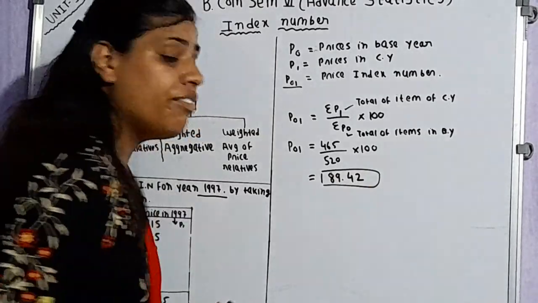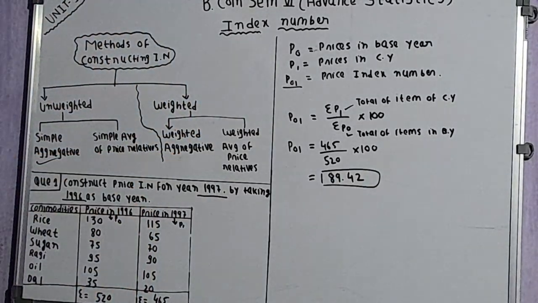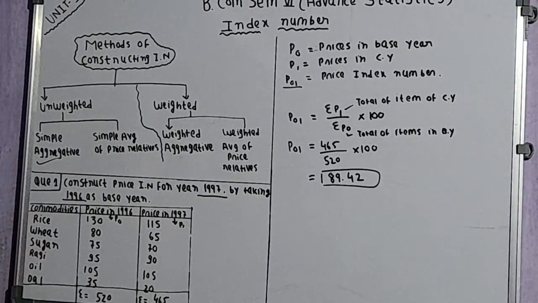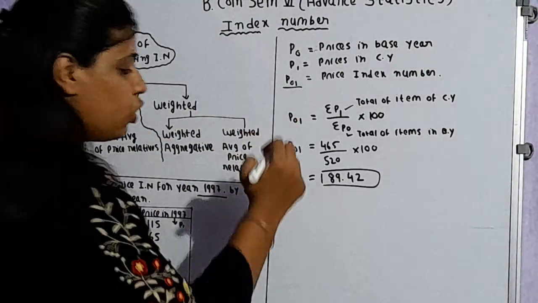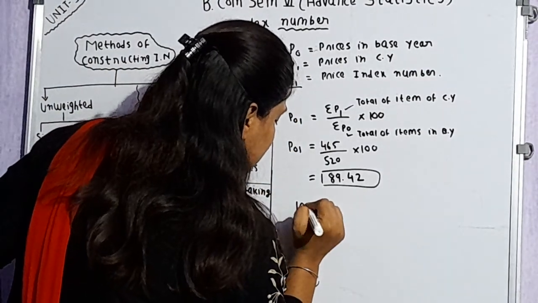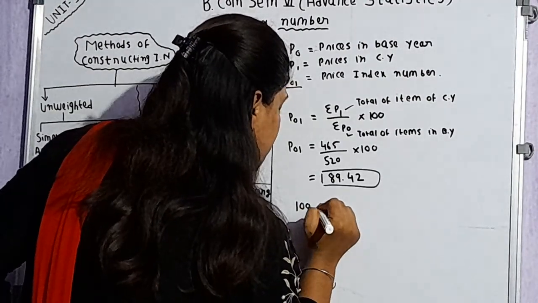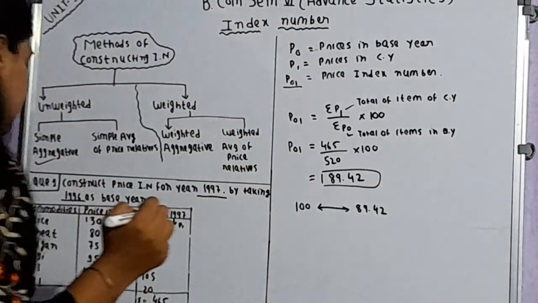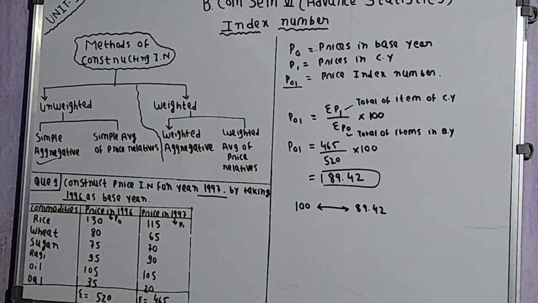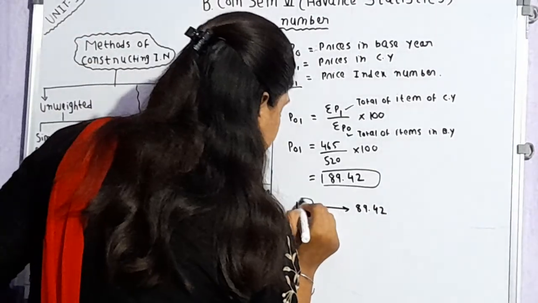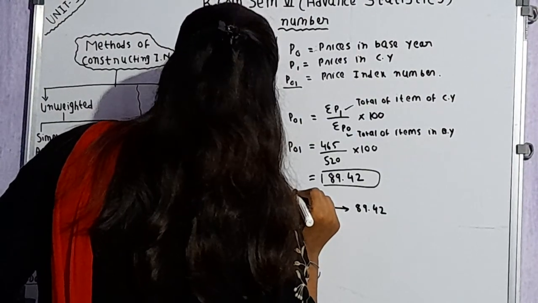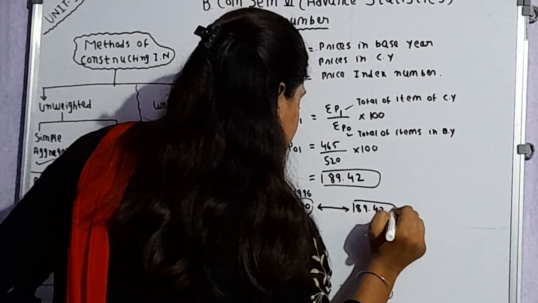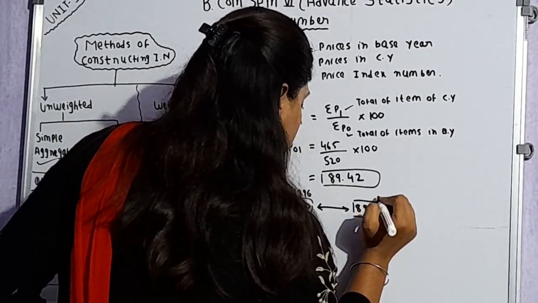So what does it refer to now? It means that the price of any commodity which was 100 in the base year has now become 89.42. Say the price of rice in the base year 1996 was 100; in 1997 it has become 89.42.